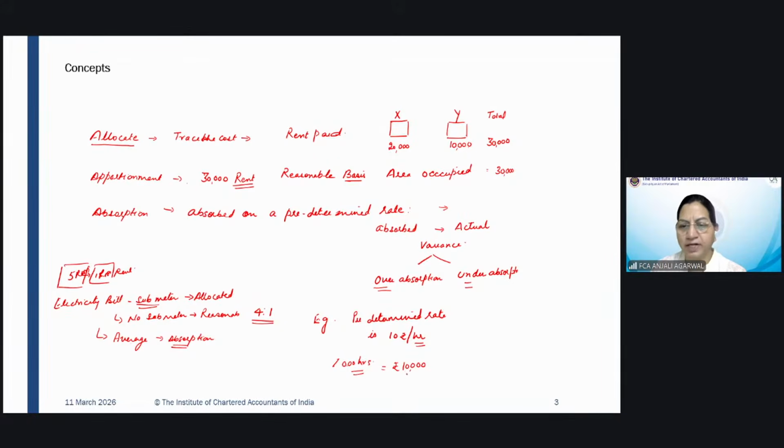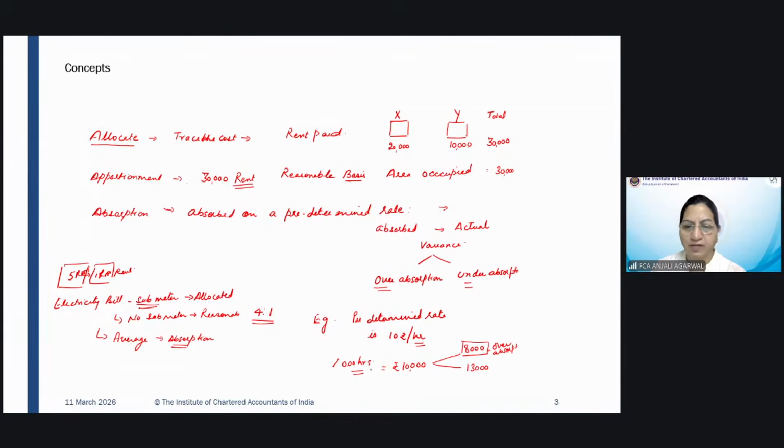So the absorbed overheads are rupees 10,000, whereas actual overheads are, let's say, 8,000 or 13,000. So if actual overheads are 8,000 but absorbed is 10,000, this becomes a case of overabsorption, when actual is less than absorbed.